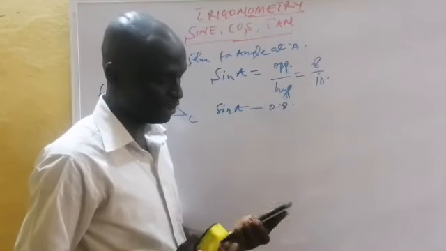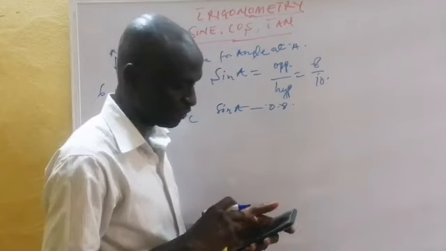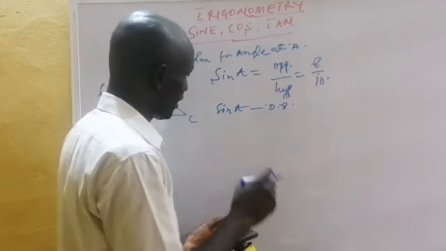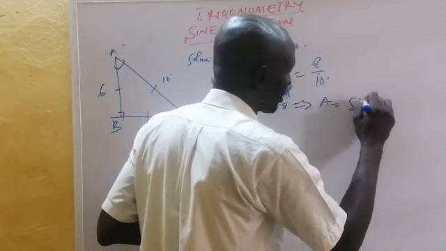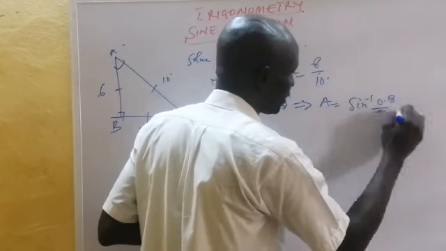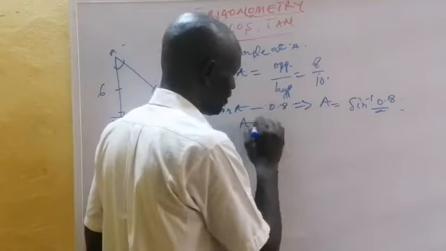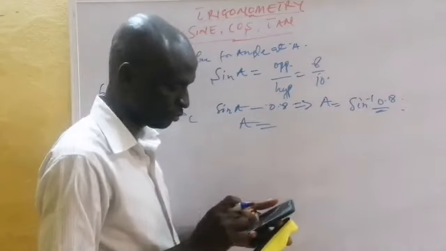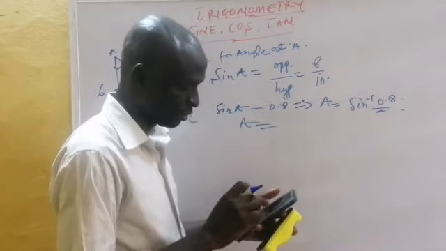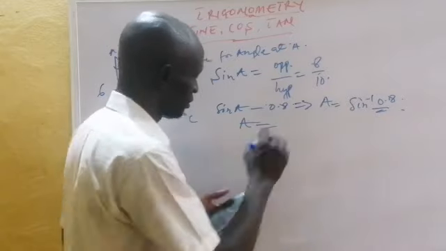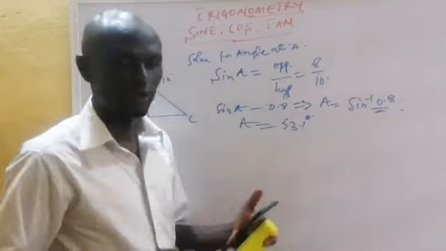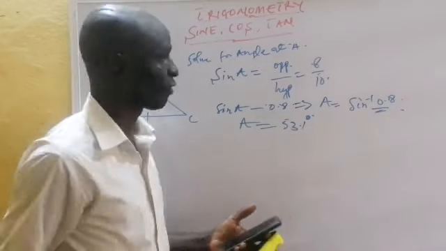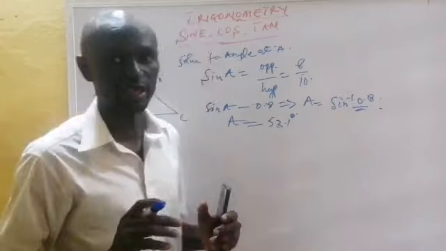From my calculator, we can just look for the sine inverse of 0.8. This implies that A will be equal to sine inverse of 0.8, and A will be equal to 53.1 degrees.